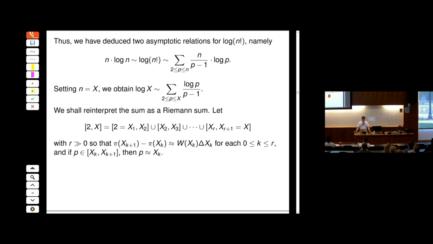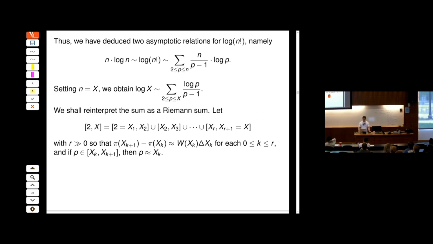I'm going to break the interval from 2 to x into a number of intervals. It's small enough so that my mathematical law of the prime numbers kicks in, and I can apply that law. So if the intervals are small enough, then the number of primes in each subinterval will be approximately W of a number in that interval times delta of that number.